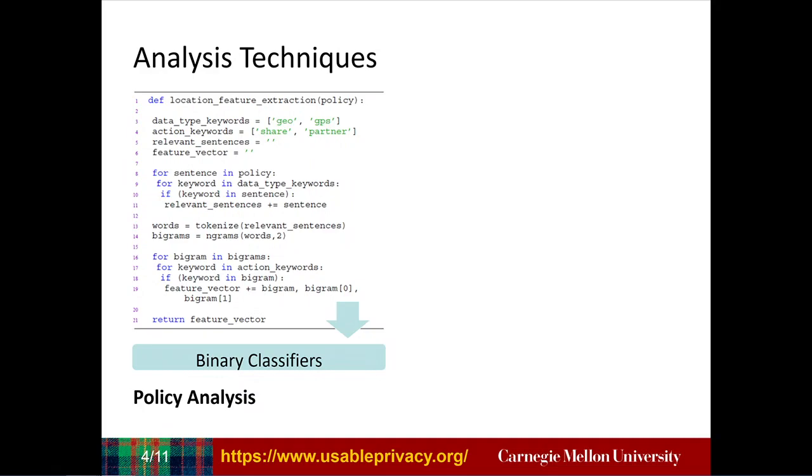As a second aspect, on the sentences that we extracted, we look whether these contain other keywords, which are called action keywords. In this case, for example, sharing. Once we find those, we extract from the sentences n-grams, particularly unigrams and bigrams. These are then our features that are given to binary classifiers, 1 for each practice that we want to analyze.